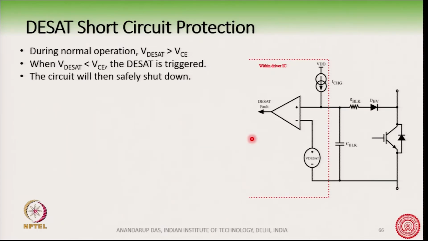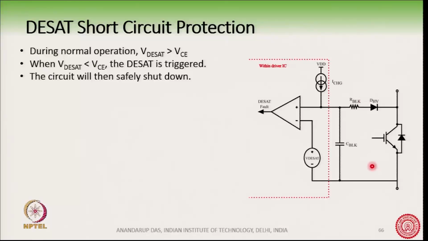We also need this diode, because remember that when the IGBT is off, this VCE voltage is the total DC bus voltage, and the diode has to block the DC bus voltage from coming across the op amp.